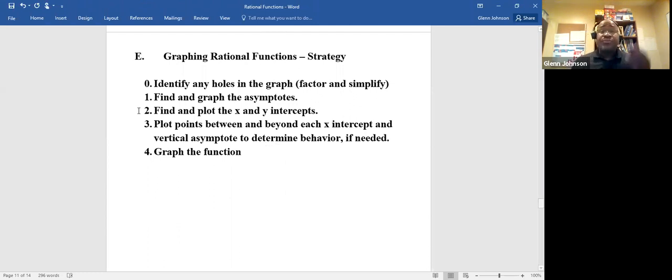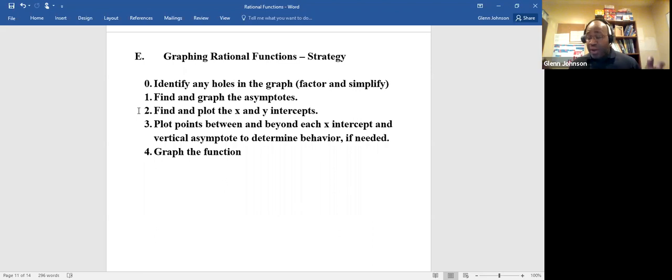First thing you want to do, and I call it step 0 because not all rational functions will have holes in the graph, is something that you just want to check before you get started. So first thing, identify any holes that you have in the graph. All you have to do there is just factor it out and simplify, canceling out any common factors. The common factors will be where the holes are located.